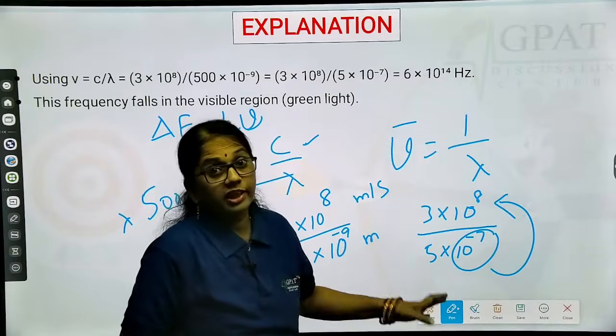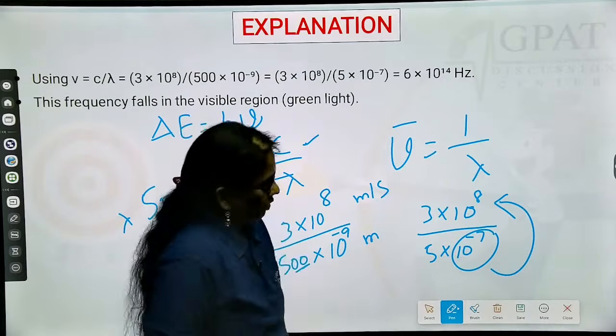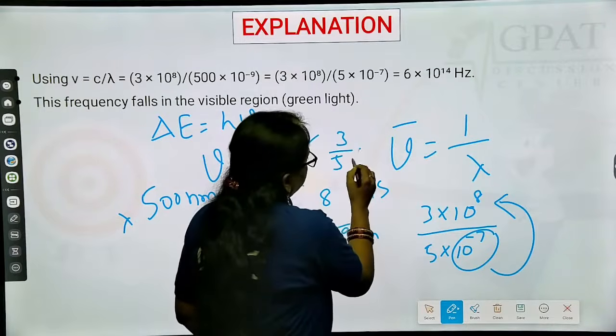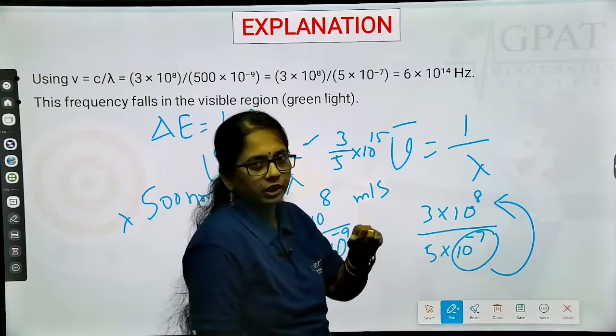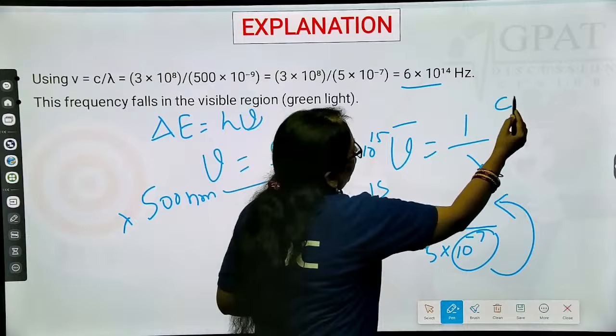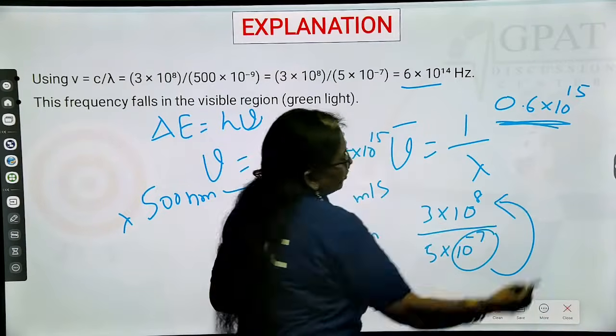All these are the exponential basic fundamentals of mathematics. So now 3 by 5 into 10 to the power of 15, since 8 plus 7 is 15. 3 by 5 gives 0.6 into 10 to the power of 15. This is the answer we got.